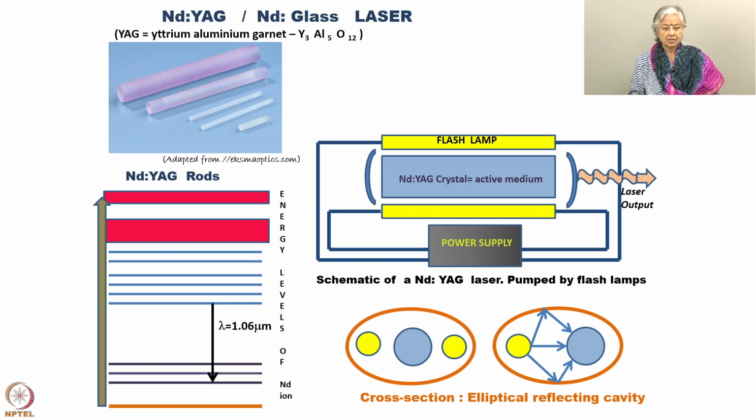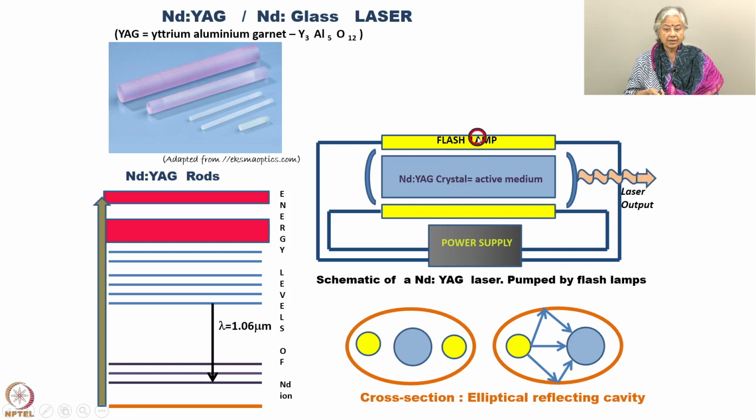Otherwise, mostly it is similar, like they have a similar resonator profile, which I have shown here. This is the Nd active medium, which is placed here, and these two are the mirrors. One is the output coupler, and this is the 100% mirror, as in a usual resonator. Now, in gas lasers the excitation was by electrical discharge.